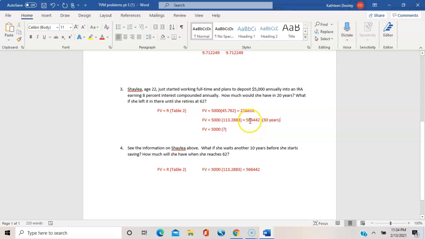So that is more than double by waiting an extra 10 years to take it out. Okay, so this 5,000 a year then for 40 years might be yet another double. Maybe we're talking about over $1 million. I will have to check that out and I will give you the answer on that. Okay, so there we have our answer.